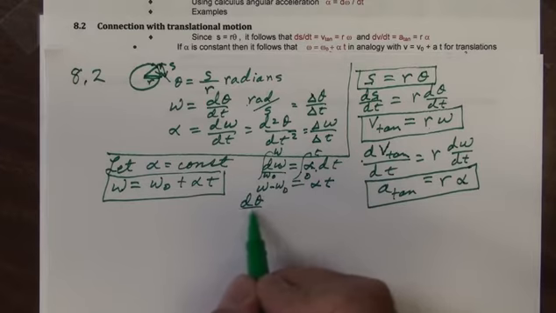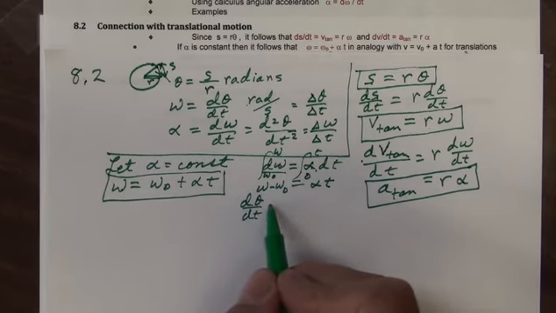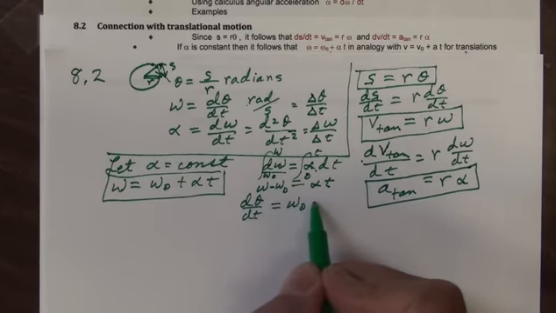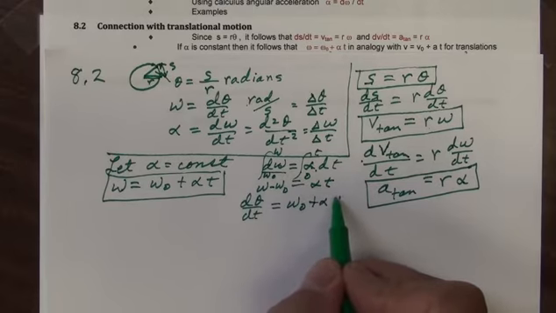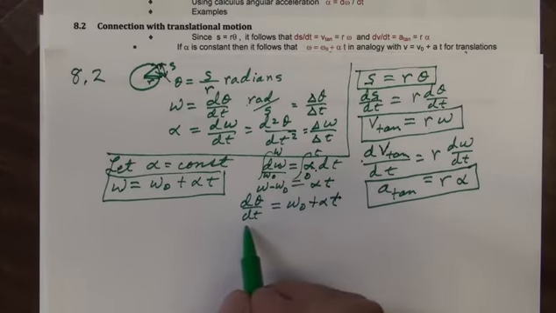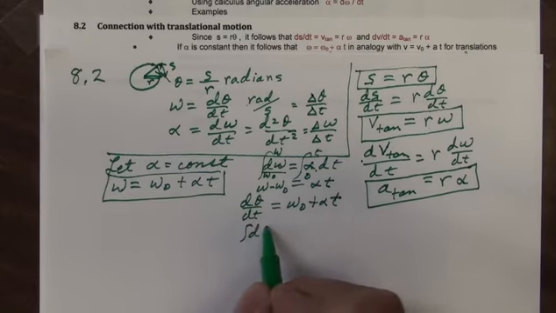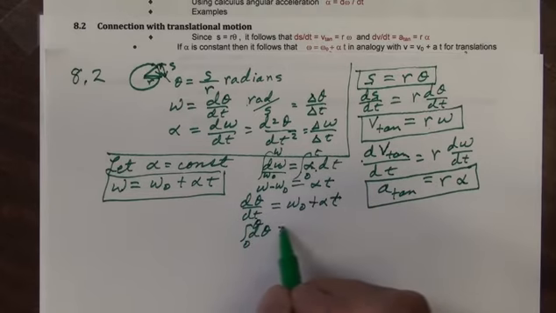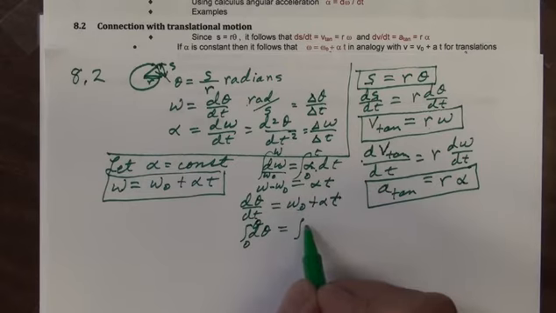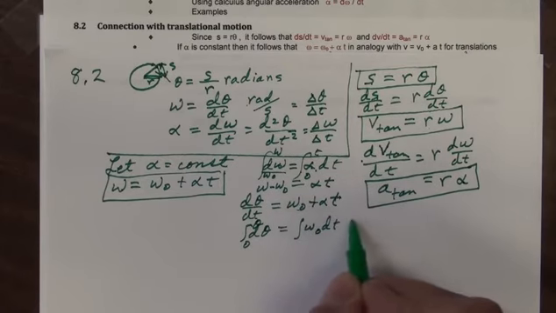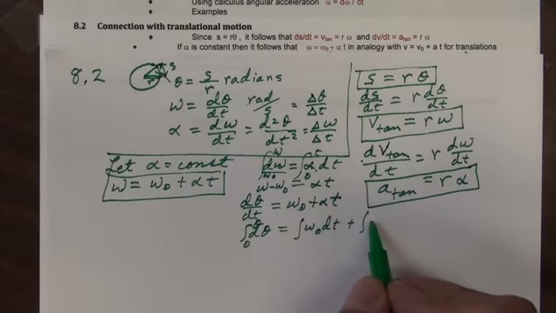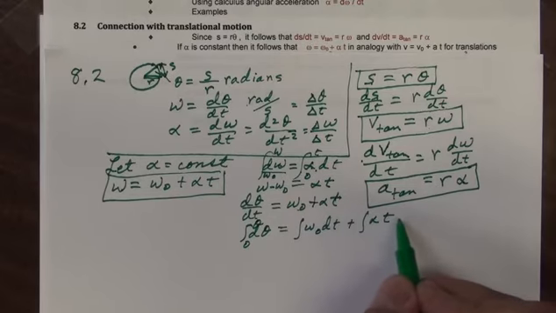Now we can take that one step further, and we know what this is. This is d theta dt, and that's going to equal omega naught plus alpha times t. So multiplying through by dt and integrating, we get the integral of d theta from 0 to theta, say, is equal to the integral of omega naught dt plus the integral of alpha t dt.